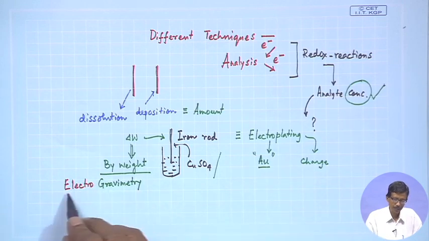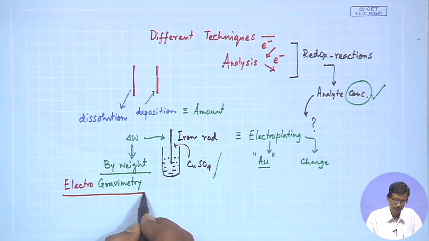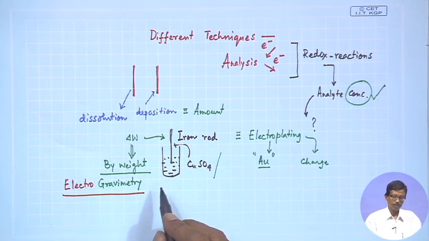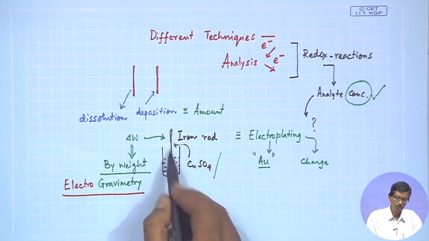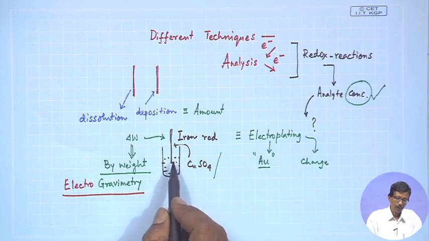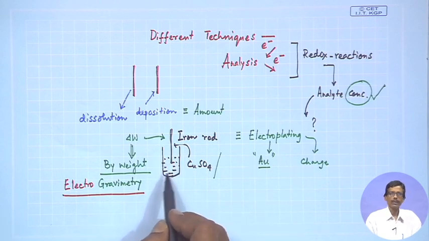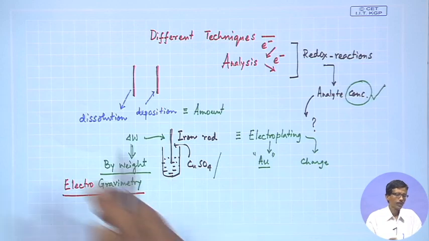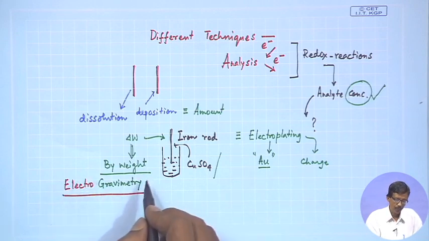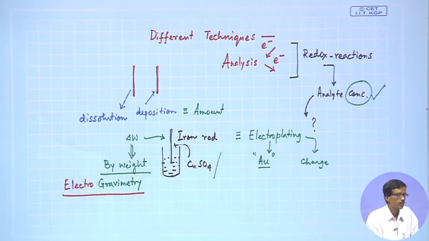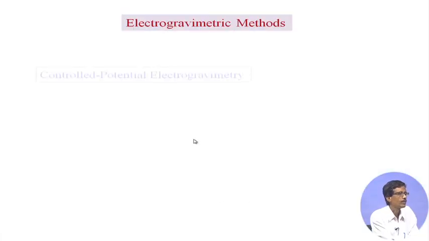So, electrogravimetric analysis or electrogravimetry, that means by sending the charge to a particular electrode, which can be cathode or anode, we have to go for the corresponding calculations in terms of the change in weight. So, we find that this particular technique is basically your electrogravimetric analysis or electrogravimetric method. So, if we go for electrogravimetry, then we will get the electrogravimetric methods for this particular type of analysis.